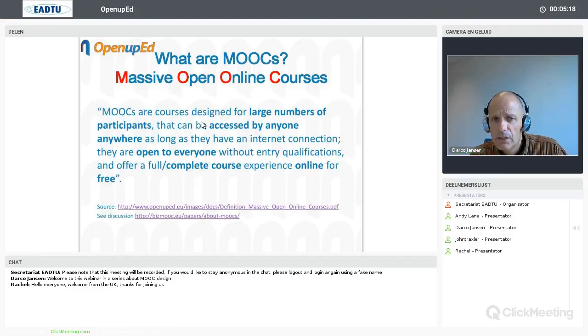And further on, that they need to be accessed by anyone, anywhere, and they are open to everyone without entry qualification. And in the first talk by Rachel and Andy, we will mainly focus on the inclusive and accessibility side of open online courses. So they will not focus on the large numbers, but they will focus on the accessibility and the inclusiveness of open online courses.